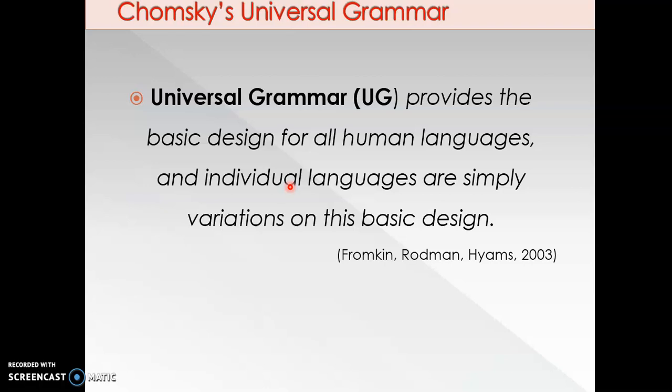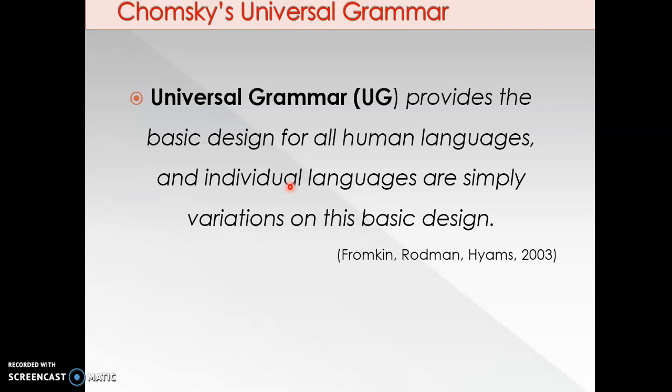And Fromkin and Rodman continue comparing with a house, that you have the plans of the house, and okay, there are basic things that all houses have, like a kitchen, like a bedroom. But then from this original plan, there are so many variations in the number of rooms and the yard, 2 bathrooms, 1 bathroom, an open kitchen, a closed kitchen.